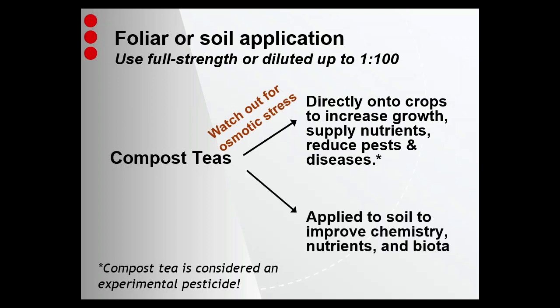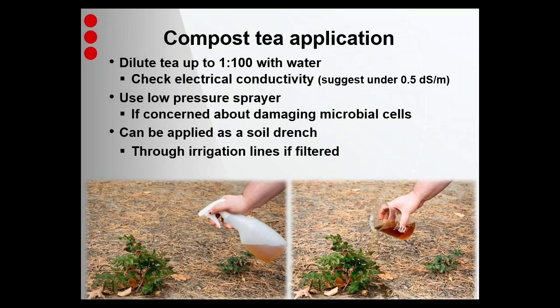In addition, we can apply it as a soil drench. Soil's more forgiving. It's not going to be quite as sensitive to the salt concentration. The other thing to think about is if you're going to be spraying this, you want to make sure that you keep the pressure on your sprayer low so that it's not going to damage your microbial cells. And you also want to make sure that you filter it very well, particularly if you're using it in your irrigation lines.